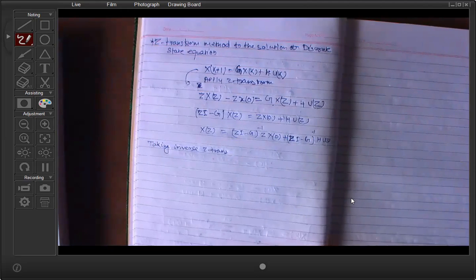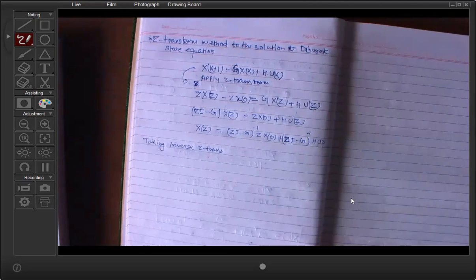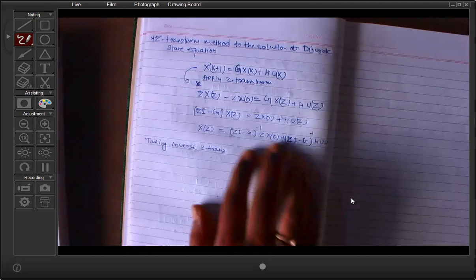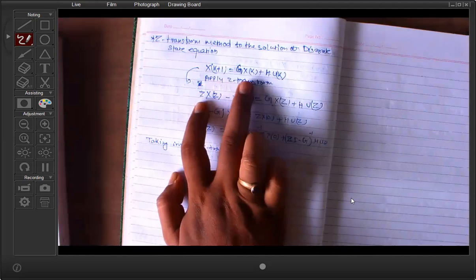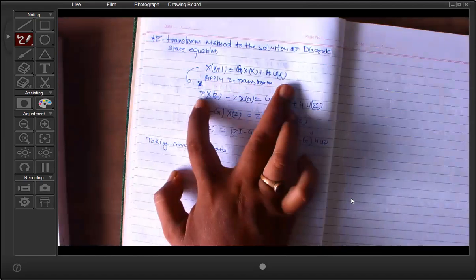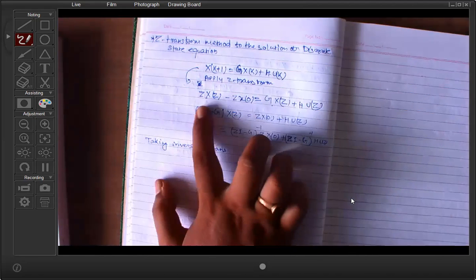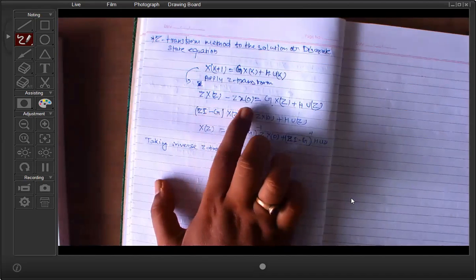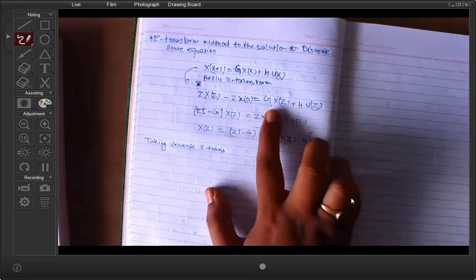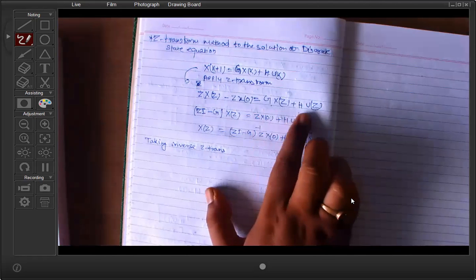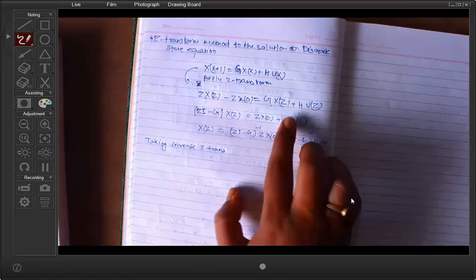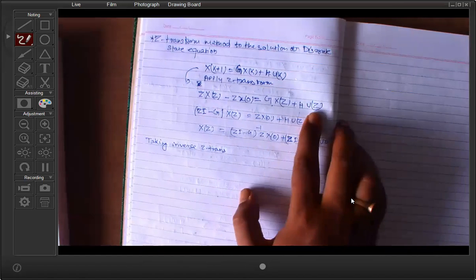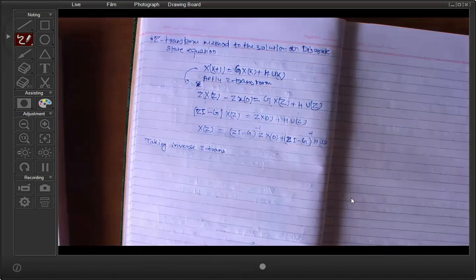The second approach for the solution of the discrete state equation is called the Z transform method. You know the state equation of the discrete time system is x(k plus 1) equal to G x(k) plus H u(k). If you apply the Z transform, it becomes zX(z) minus z x0 is equal to G X(z) plus H U(z), where X(z) is the Z transform of x(k) and U(z) is the Z transform of the input.